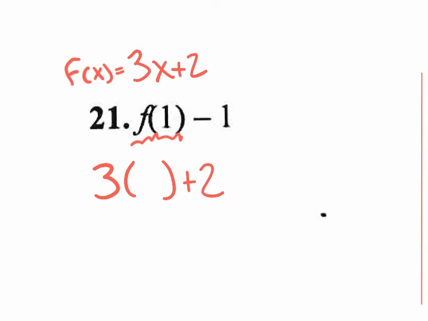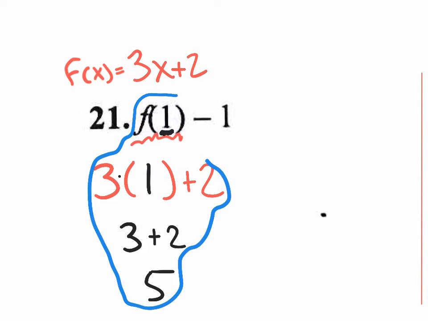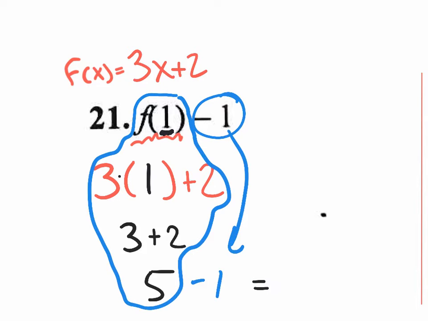And we are plugging in this 1 right in there. And then we do the math. 3 times 1 is 3. 3 plus 2 is 5. But remember, this is just the f of 1 work. We still need to subtract 1. So let's bring down that minus 1. And you're finally going to have 5 take away 1, which equals 4. And we are done with 21.